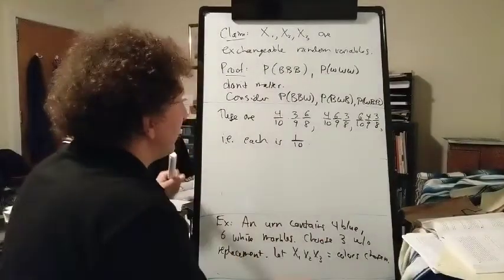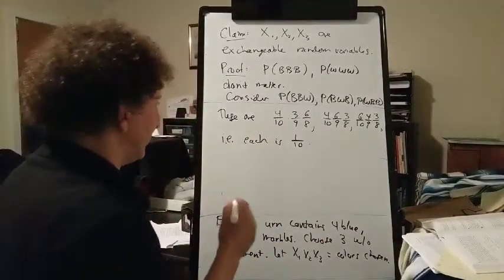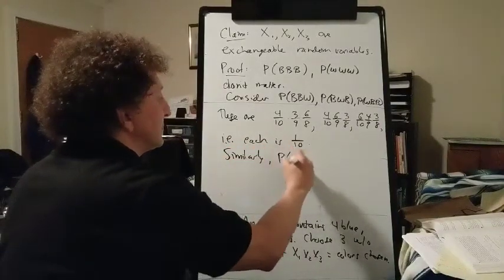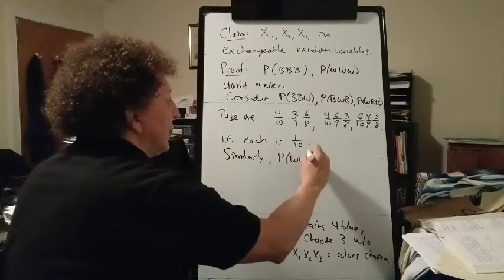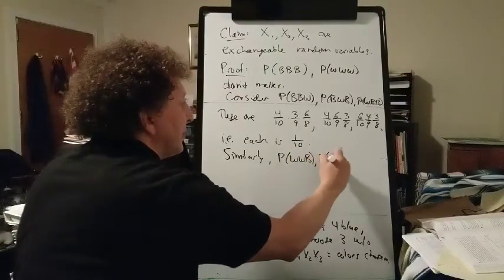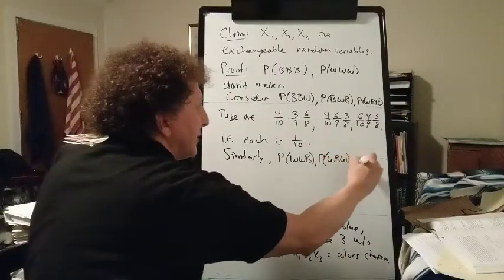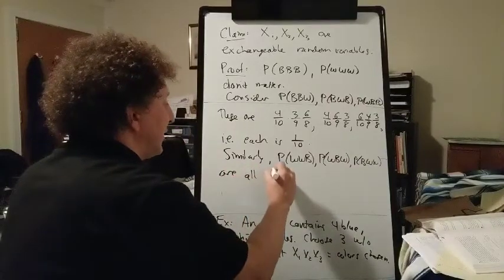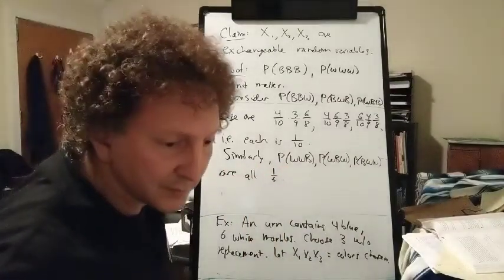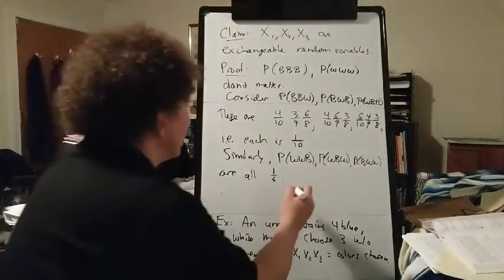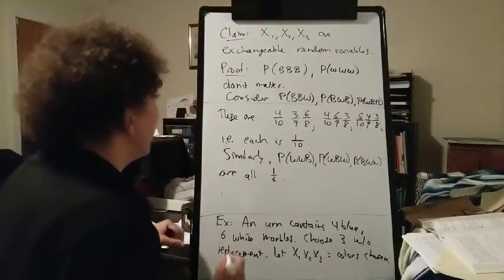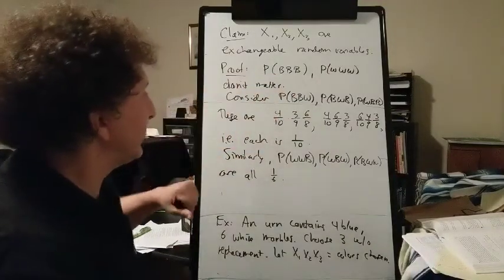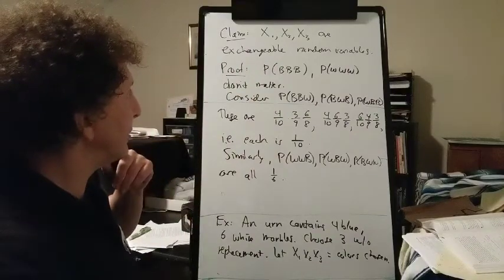And we could do this the same with 2 whites and a blue: the probability of white, white, blue, white, blue, white, and blue, white, white. These all turn out to be 1/6. That's all we needed to check because we looked at all 8 possibilities of what could happen when we choose 3 marbles.